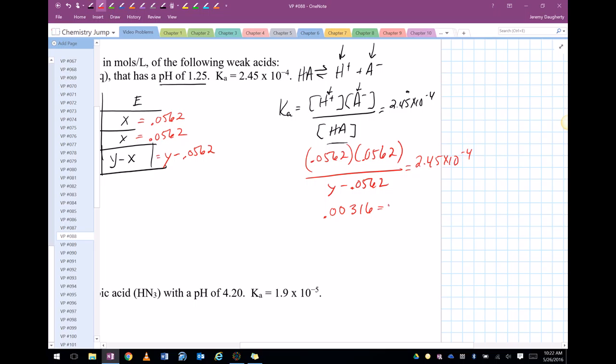0.00316 is equal to 2.45 times 10 to the negative fourth Y minus 1.377 times 10 to the negative fifth. So I'm going to add that value to both sides.